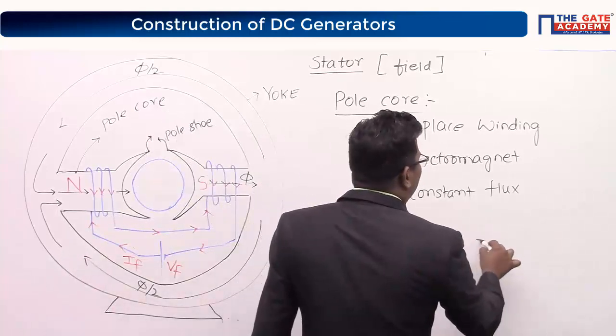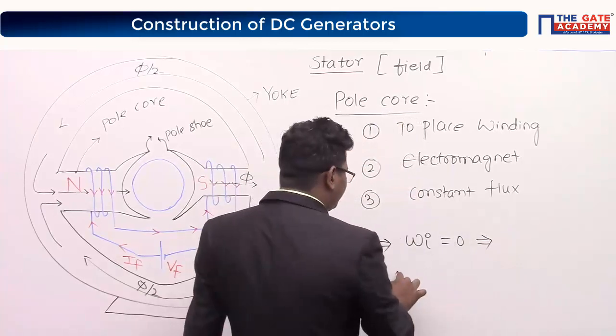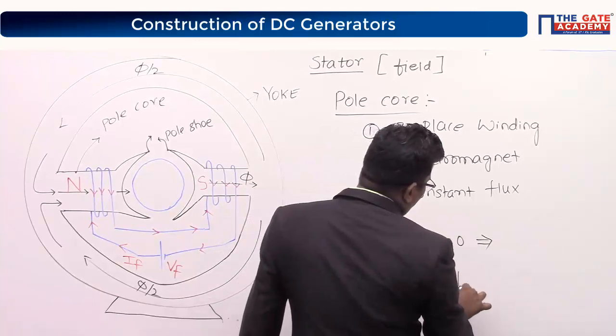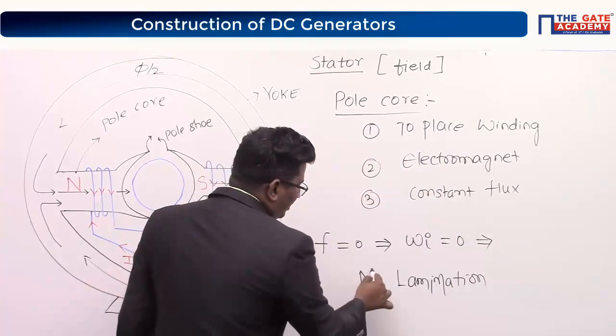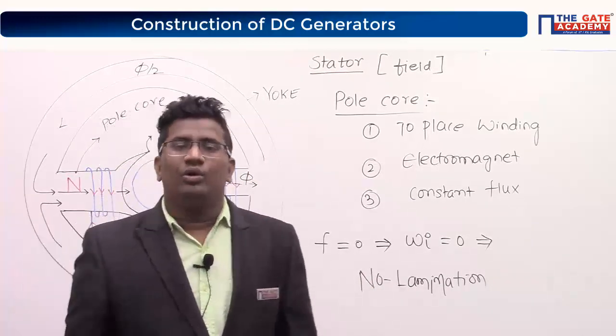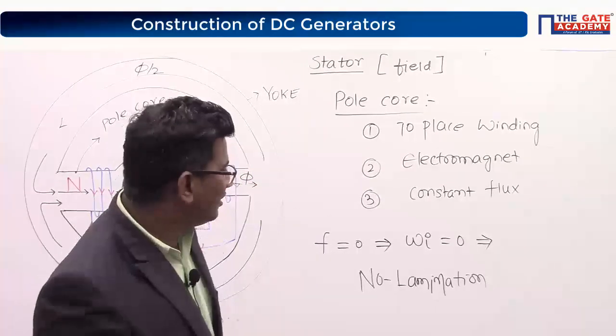If hysteresis and eddy current losses are 0, do you require lamination or no lamination? No laminations are required. Therefore, your yoke and pole core don't have any laminations. Clear till now?